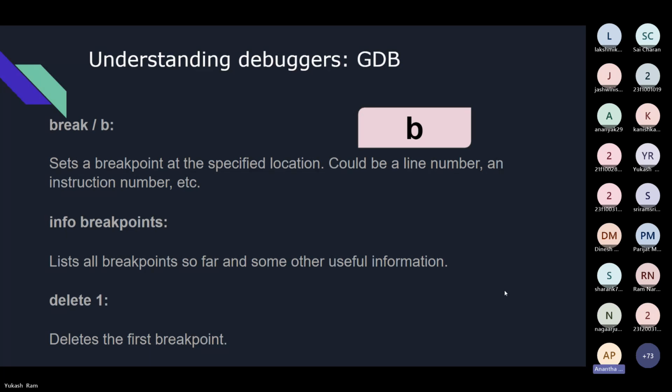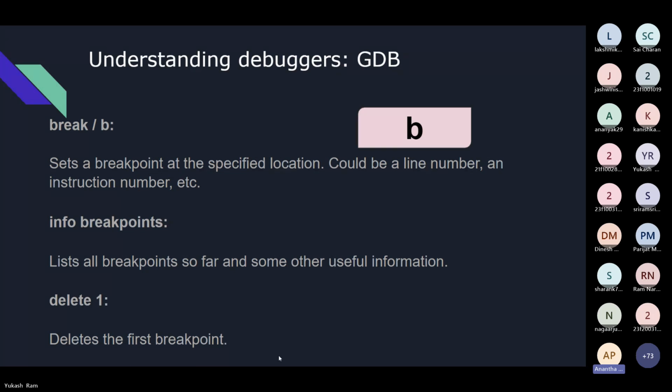Or the second option is, if you can see the assembly code, that I'll also show. You can disassemble the code in GDB. From there, you can see the various assembly code lines, which will have some addresses. You can also put those addresses as the breakpoint.